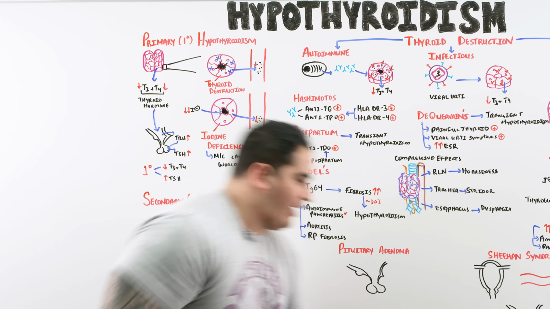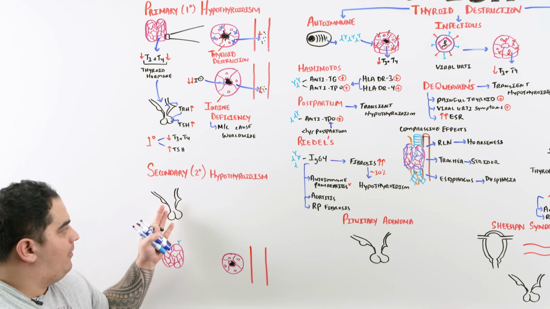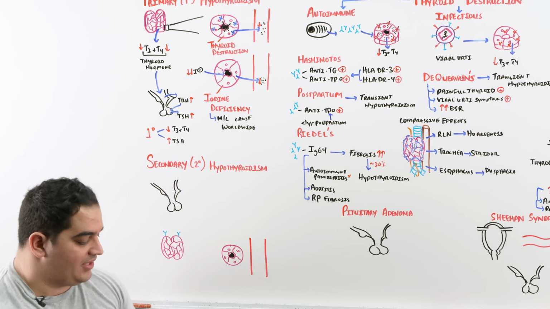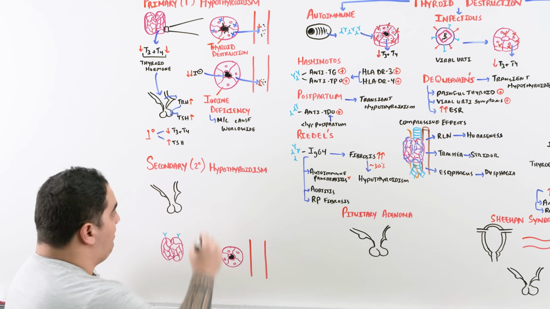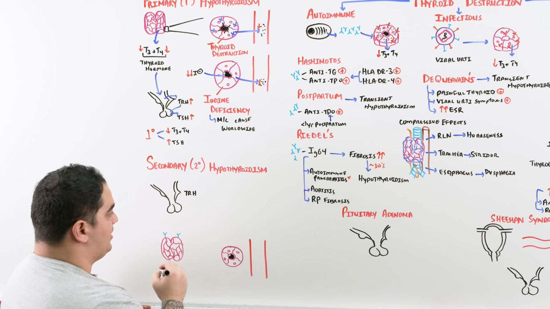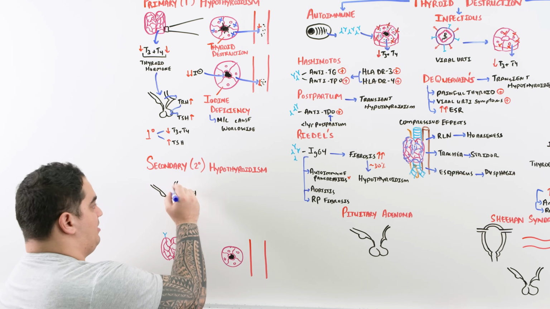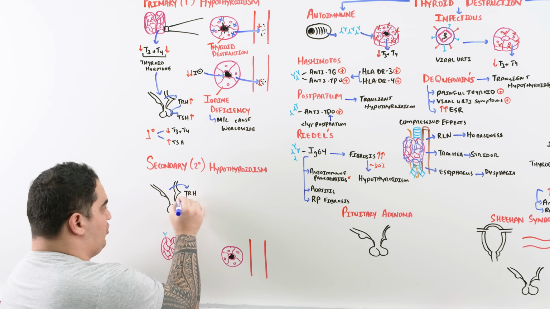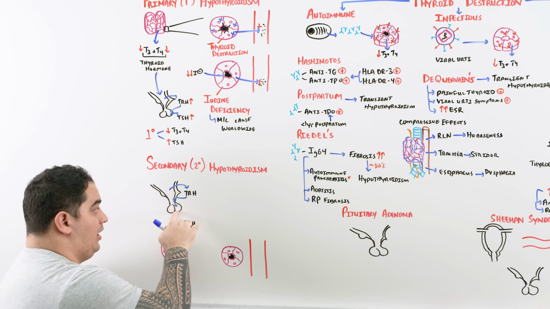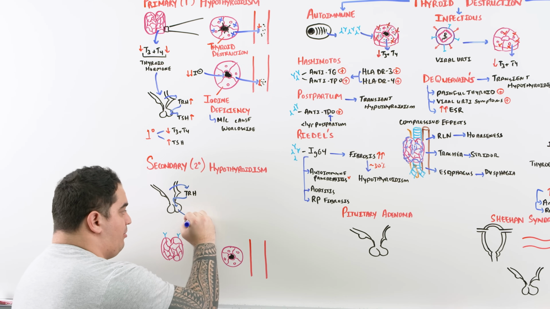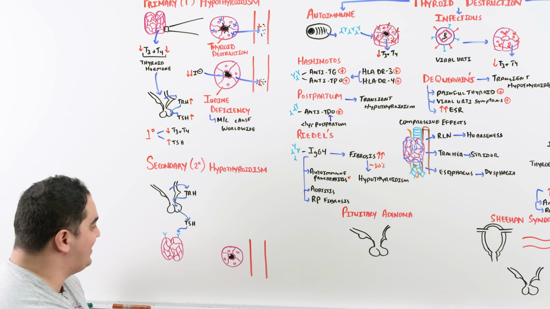Now let's talk about secondary hypothyroidism. This one's actually super straightforward, not too crazy. In this problem, it's the hypothalamus or the pituitary that's dysfunctional. So what's happening here is you're supposed to, again, make that hormone called TRH from the hypothalamus. That's supposed to tell the anterior pituitary to make TSH, right? So hypothalamus makes TRH, travels through what's called the hypophyseal portal system, which is a little vascular system between the hypothalamus and the anterior pituitary, tells the anterior pituitary to make TSH, and then TSH will go and bind on to the, what are these little suckers here called?